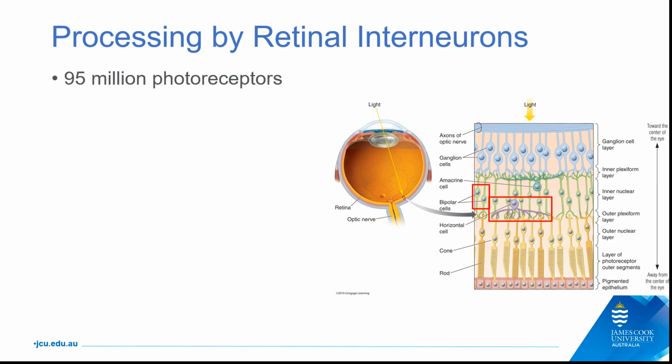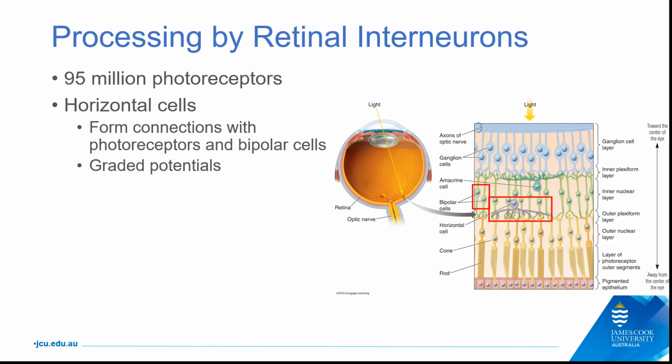Processing by retinal interneurons. We'll talk about all these so-called interneurons one by one. First of all, just a trivia at the top, we have 95 million. Wow, that's a lot. We have these horizontal cells, which I bracketed in this rectangle. It's like an alien octopus. They form connections with photoreceptors and bipolar cells, and they contain graded potentials.